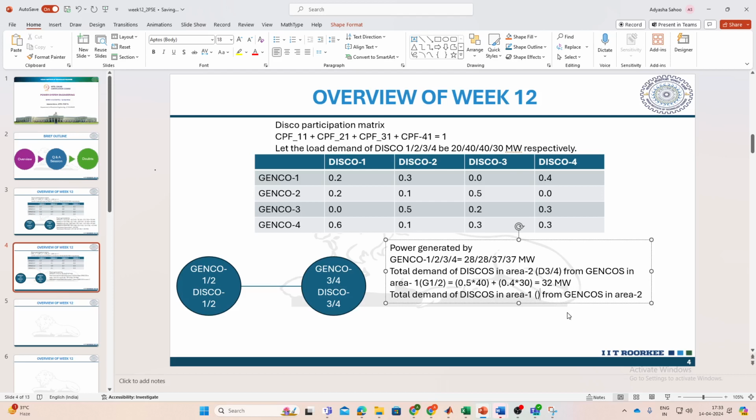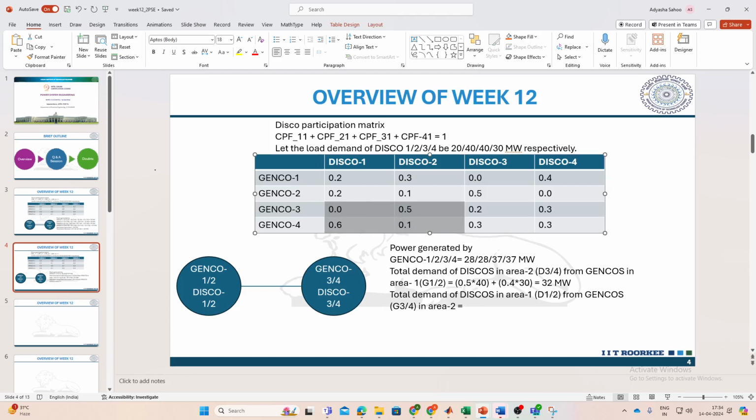They are D1 and D2, and in area 2 the GENCOs are G3 and G4. So now we need to look for the transaction between D1, D2 and G3, G4. So this is this part of the matrix which I am highlighting here.